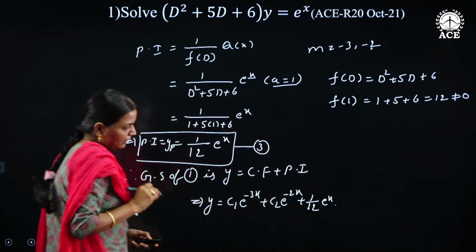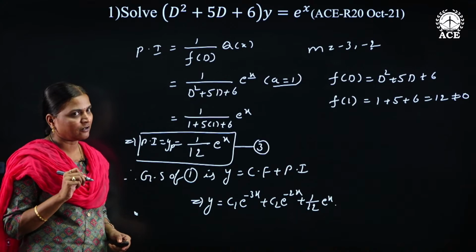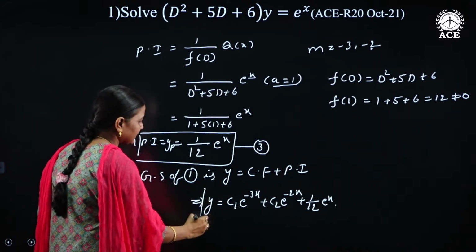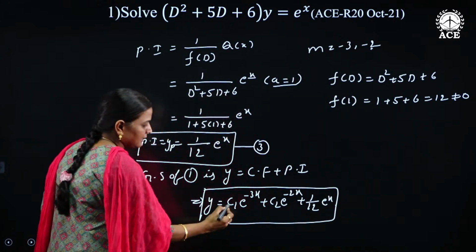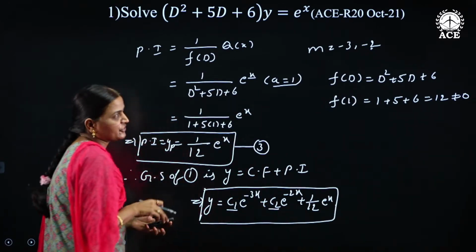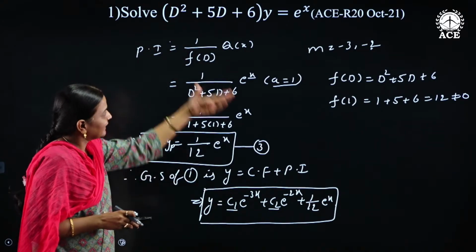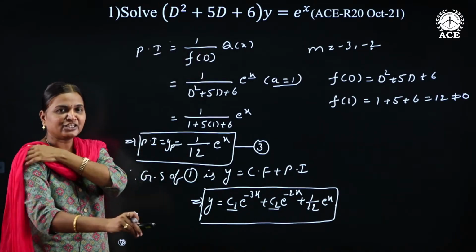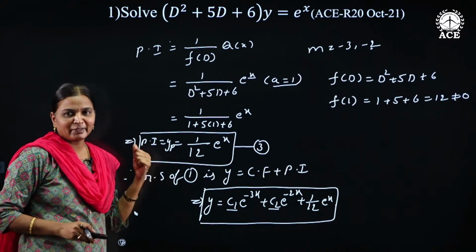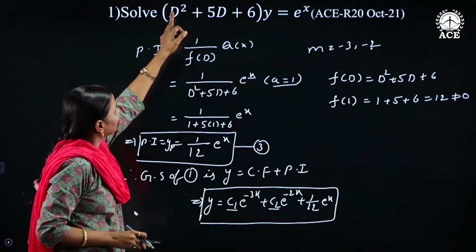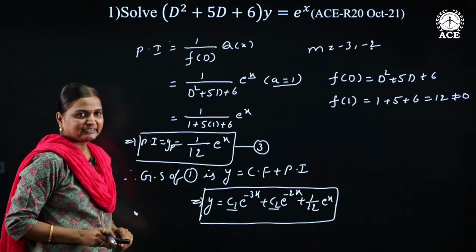And what is the important key point here? Particular integral does not contain any arbitrary constant. And observe clearly this general solution. Here how many arbitrary constants are there? 2 arbitrary constants. What is the order of the given differential equation? 2. So which satisfies the general solution condition. What is the general solution? A solution in which the number of arbitrary constants is equal to the order of the differential equation is called the general solution.